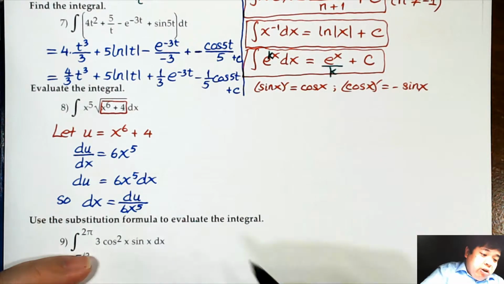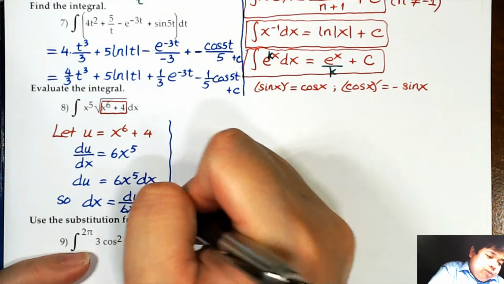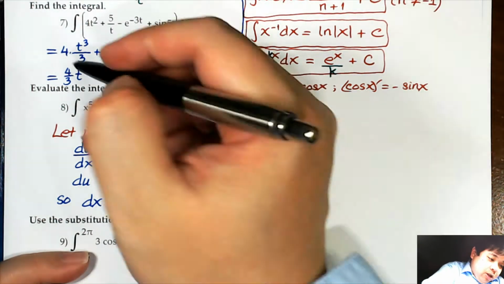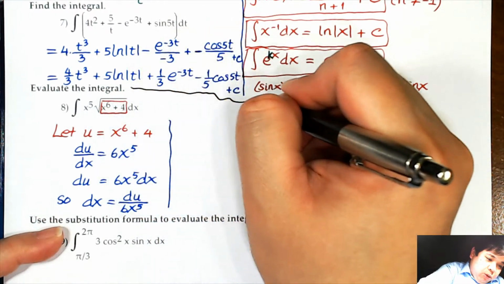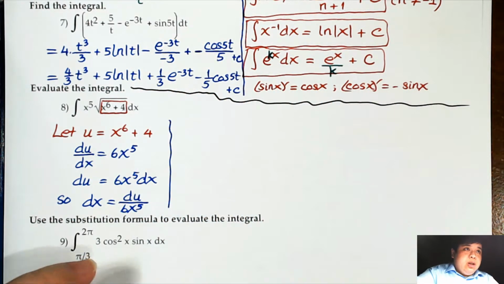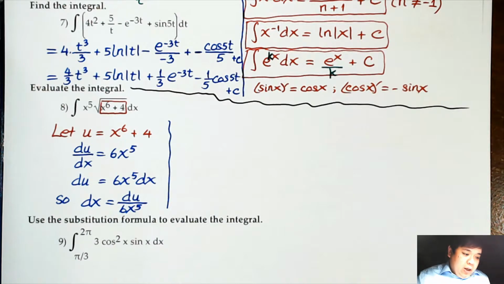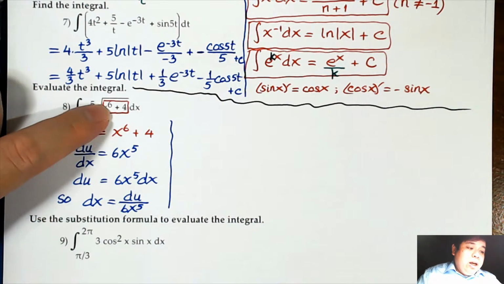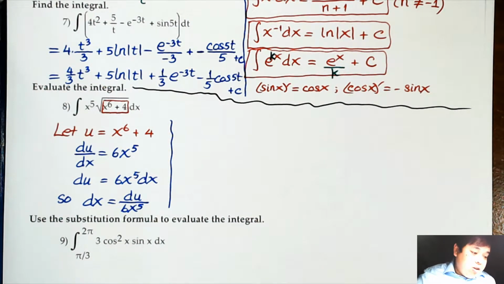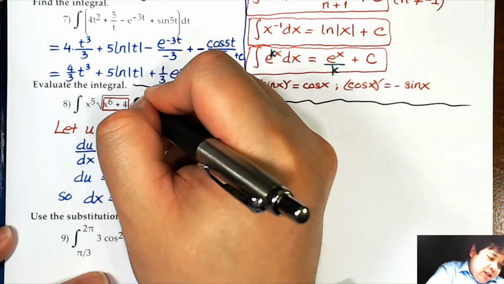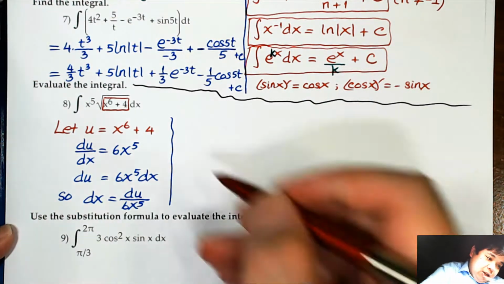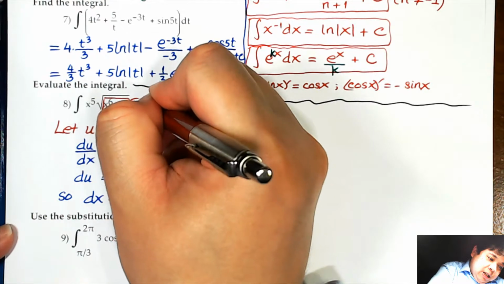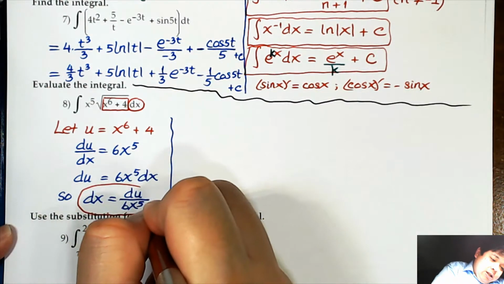Maybe you use a different rule for the substitution, but this is what I use for substitution. Notice that we have u equal to x to the 6th power plus 4, and then we have the dx as well. So the dx is going to be this.